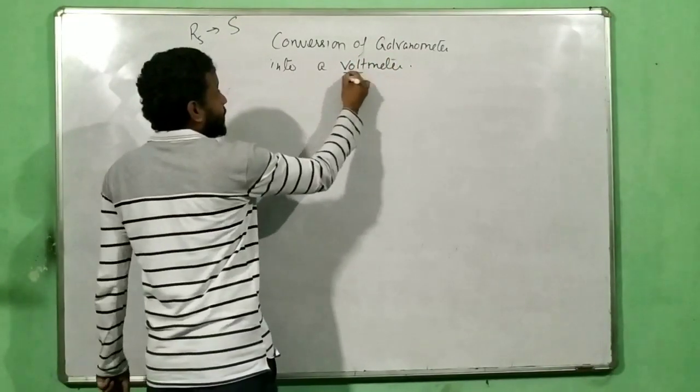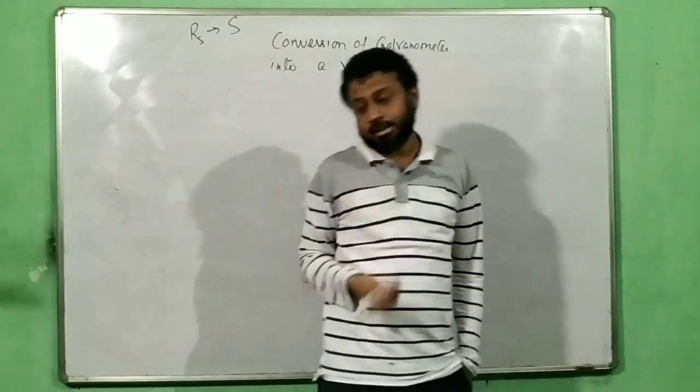Now what is voltmeter? Voltmeter is a device which can measure voltage.